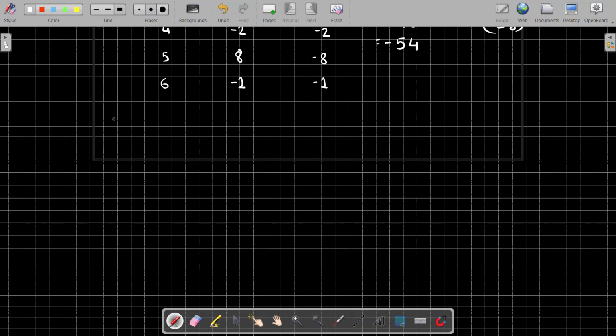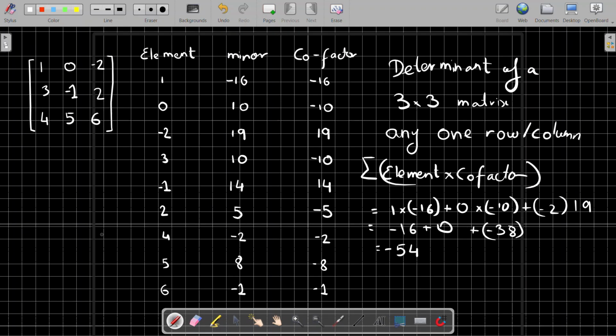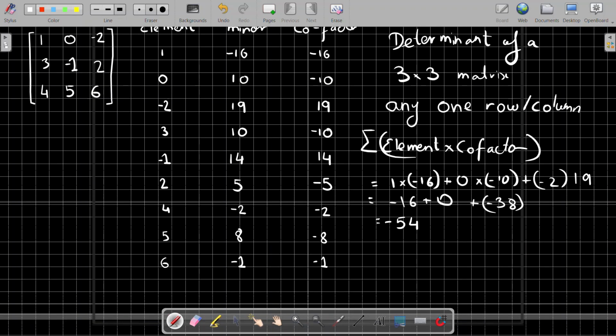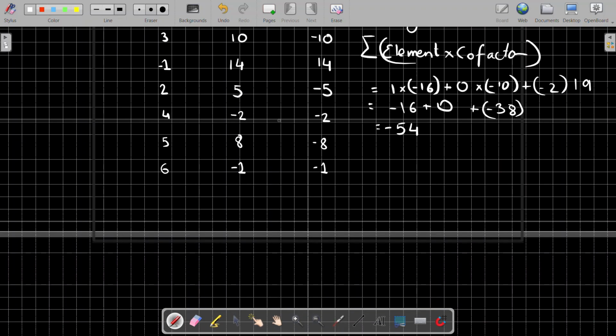If we expand along row number 2, which is 3, minus 1 and 2, so let's just show the row number 2 elements here.